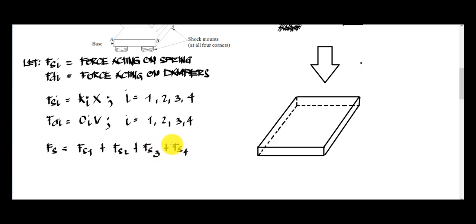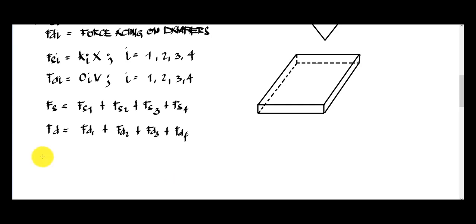The same also for the total force acting on our dampers, that will be Fd equal to Fd1 plus Fd2 plus Fd3 plus Fd4. Now our weight is equal to the summation of the force acting on the spring plus the force acting on our damper.